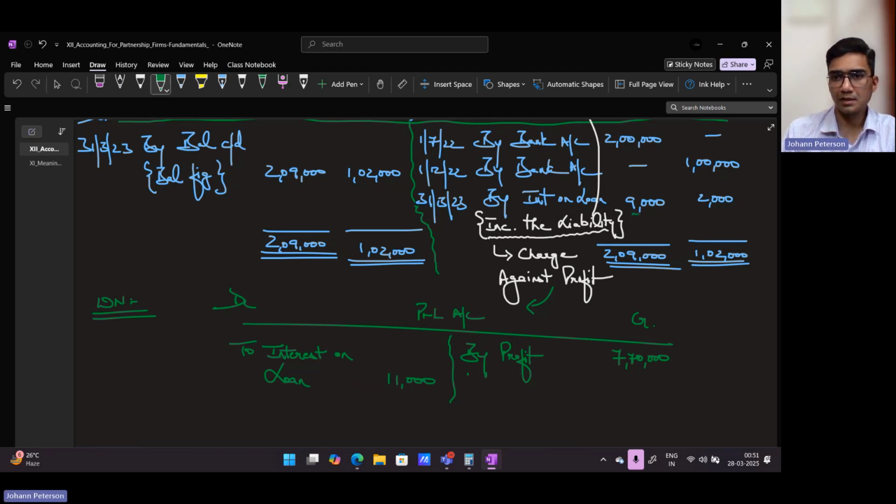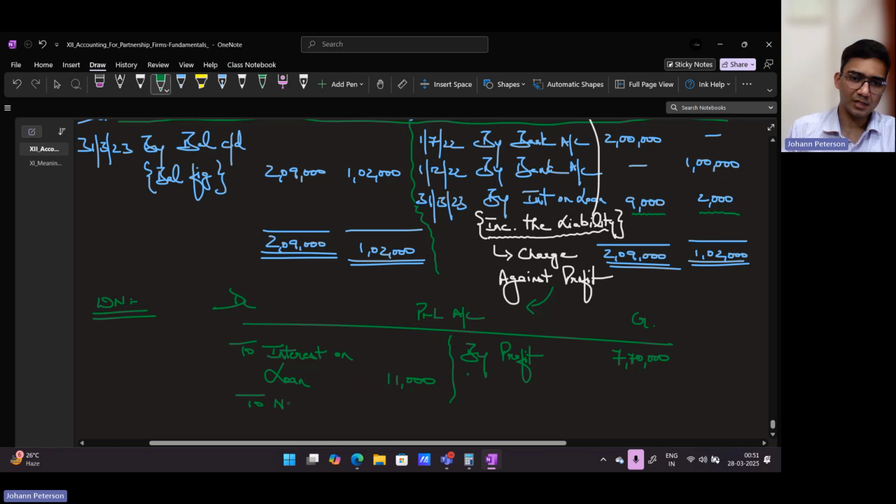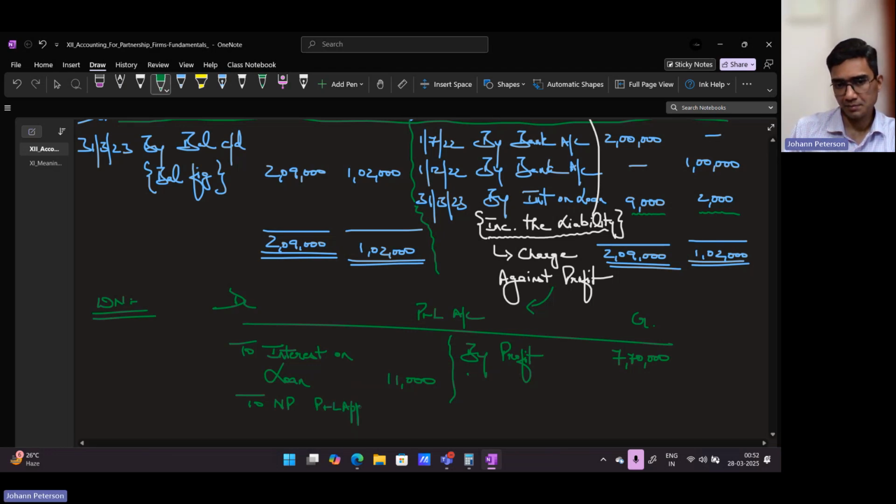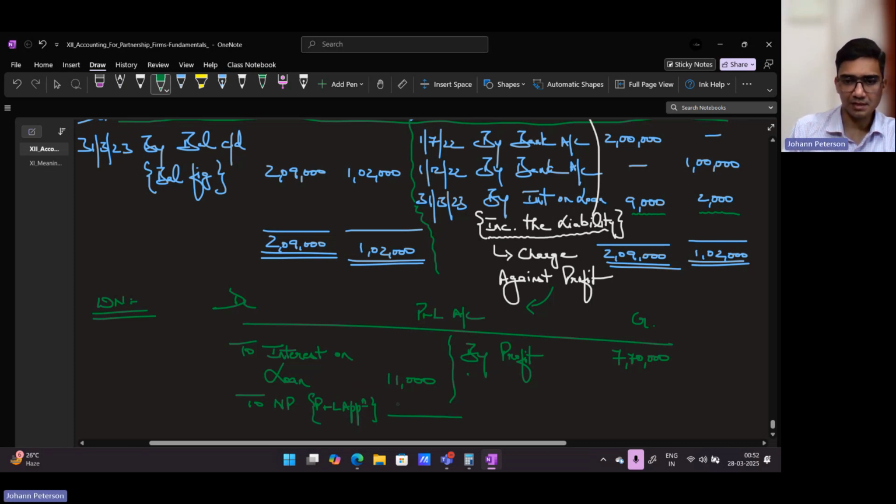Because it is 9,000 plus 2,000. That makes it 11. And therefore you get a net profit now, which is now going to go into the P&L appropriation account. So over here, this amount will be 770 minus 11 makes it 760. So 759.